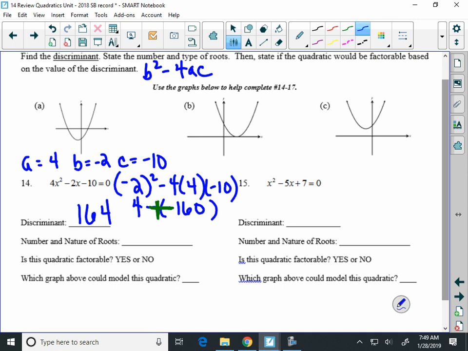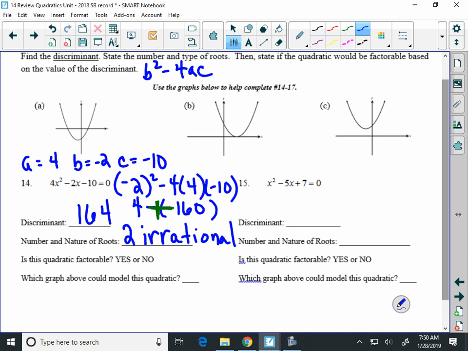Well, then we ask ourselves, because it's a positive value here, is 164 a perfect square, or is it not a perfect square? And what we figure out is that this is not a perfect square, which means that we're going to have two irrational roots.